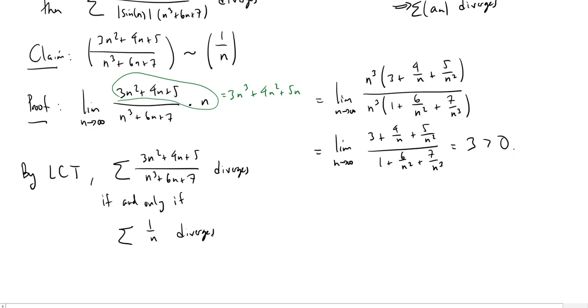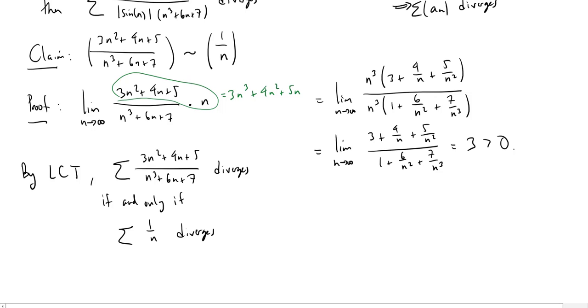One thing to remember: in order to use this limit comparison test, yes, you need two asymptotically equivalent sequences. You also need them to be eventually positive. Of course, everything here is positive, so there's no question about that.